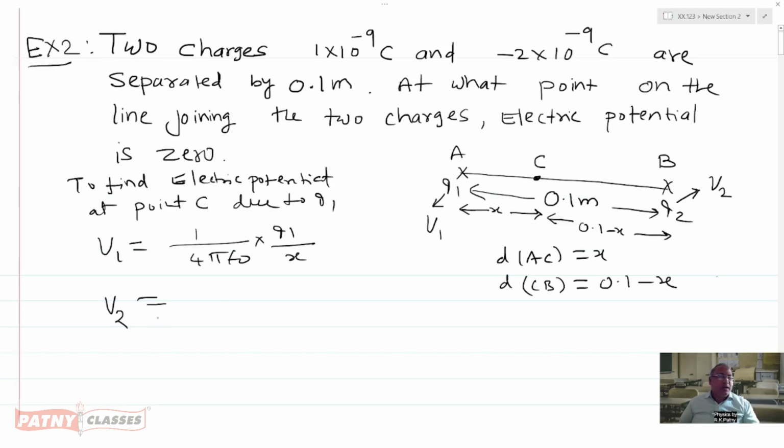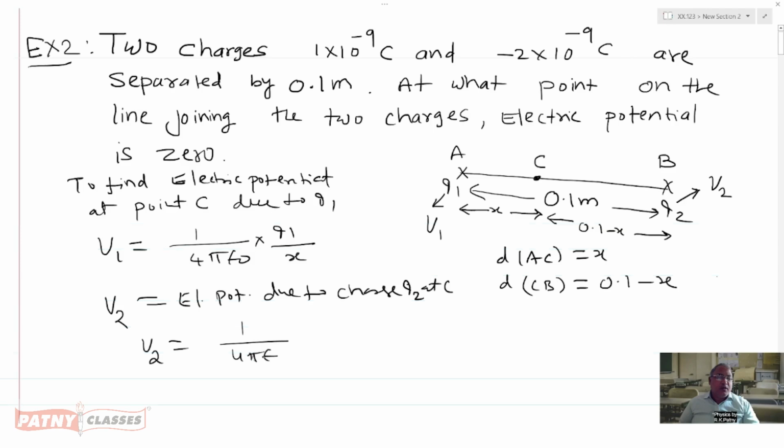V2 is the electric potential due to charge Q2 at the point C. So V2 equals 1 upon 4 pi epsilon naught Q2 divided by the distance. What is the distance between B and C? The distance CB equals 0.1 minus x.